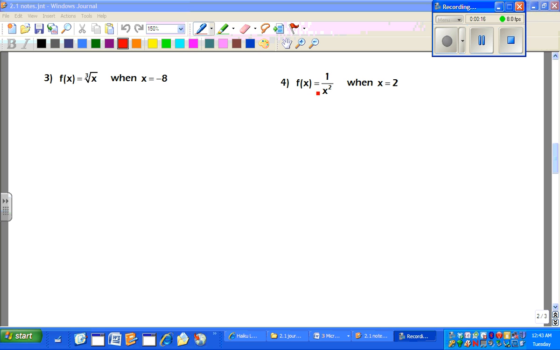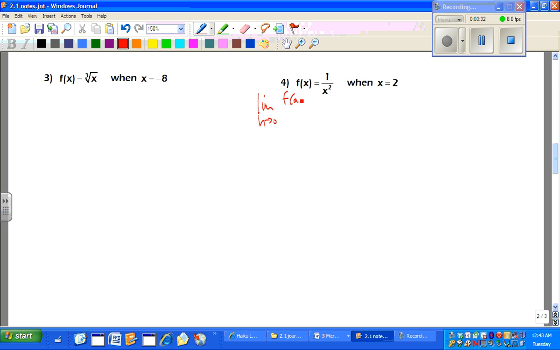For number 4, same directions as yesterday, we're trying to find the slope of the tangent line and then the equation of the tangent line. To start off, we're taking the limit as h approaches 0 of that difference quotient, f of a plus h minus f of a all over h.